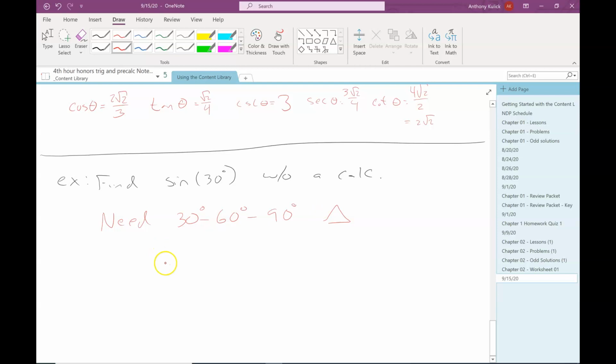So for a 30, 60, 90 triangle, that's the bigger angle. The ratio of side lengths is x, x root 3, and 2x. So sine of 30 degrees would be x over 2x, which reduces down to 1/2.